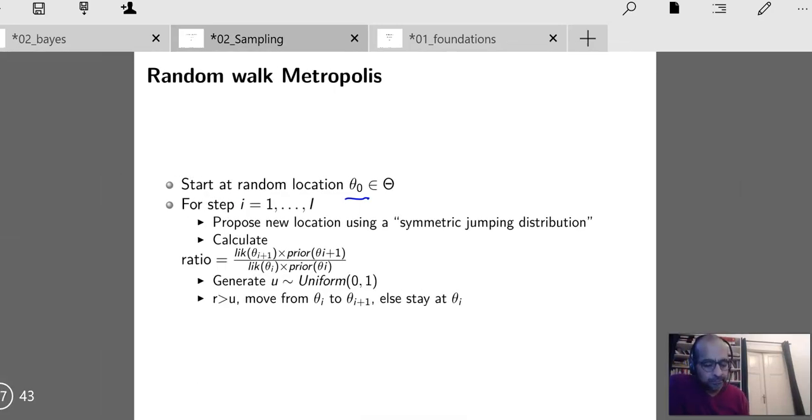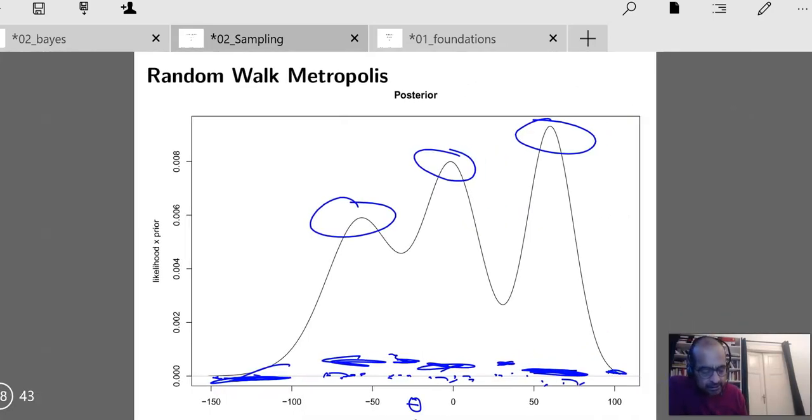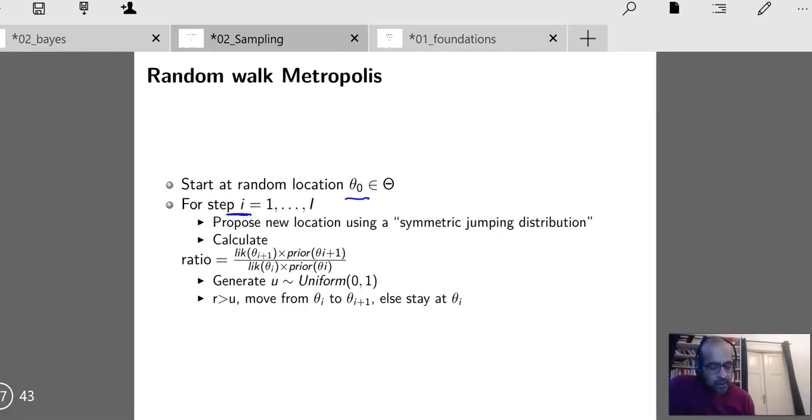So we're going to repeatedly carry out, for multiple steps, the following approach, right? This is called random walk Metropolis. We start at some random location on this x-axis. So let's say I start here, just by chance, by randomly choosing that point, okay? And then I propose a new location using some other distribution.